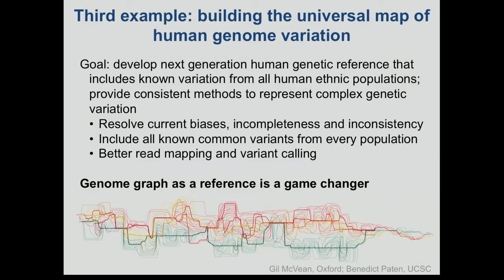So right now, we have a reference genome that is just one representative of each of the human chromosomes taken arbitrarily from an individual. In some cases, it's a chimeric, where parts of it were taken from different individuals. That creates a bias, which is well known now, reference bias.